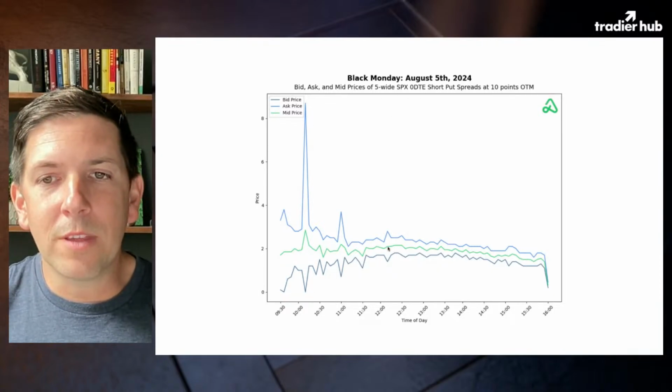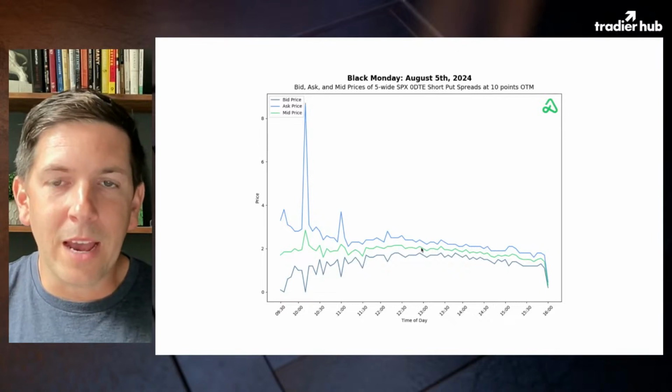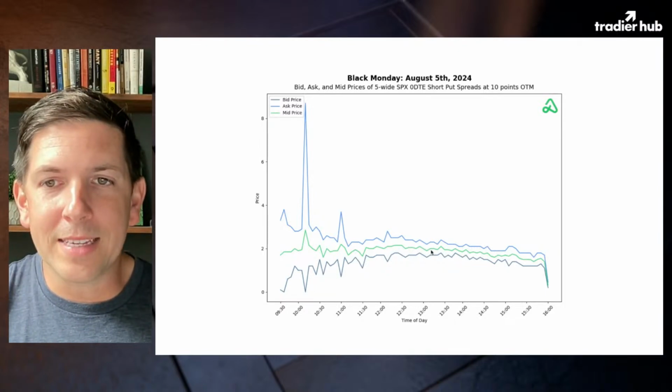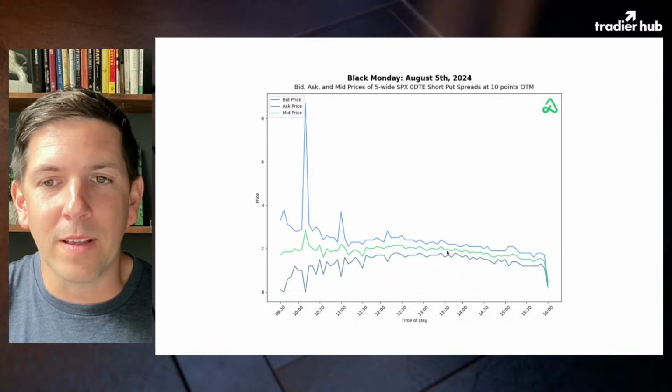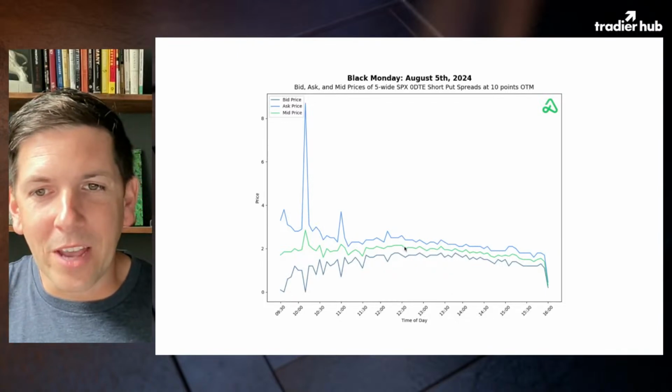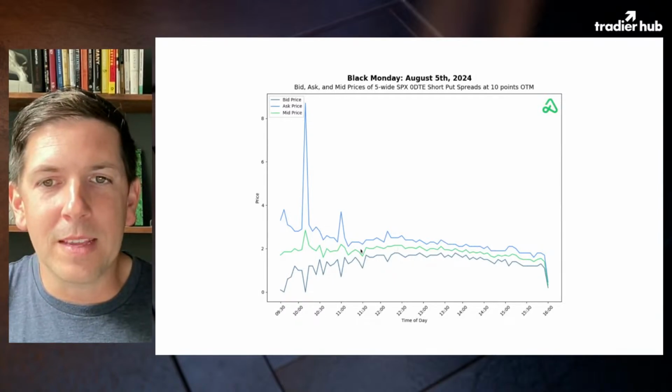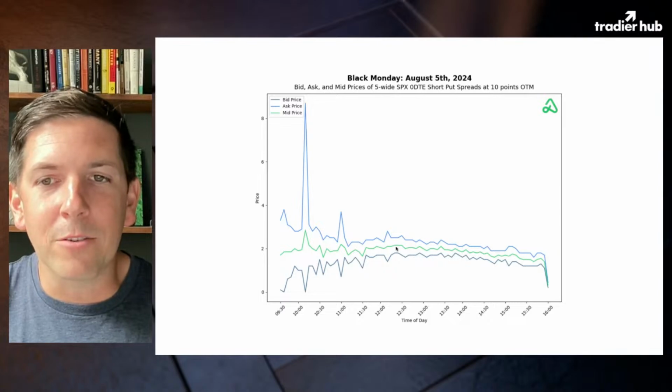But once you get to the afternoon hours, things kind of calm down a little bit. And then you started to see a little bit of that decay start to materialize. Now, it's not a lot. You have to almost squint your eyes to see it, but you do see some decay. At about 12:15 or so, the premium on these out of the money positions was about $2.